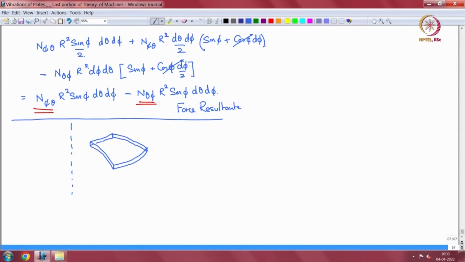Now by convention, that is my theta direction and this is my alpha direction.